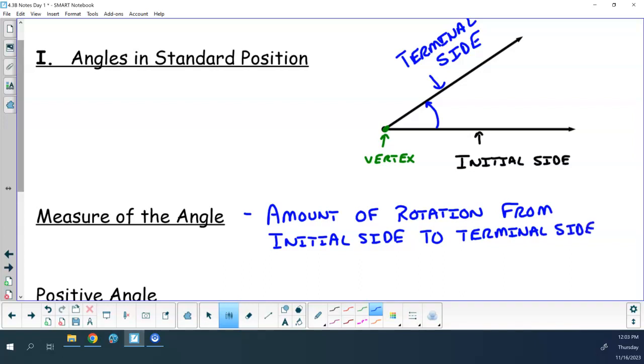Okay. We can measure that in 2 different ways. We can get a positive measurement by going counterclockwise.